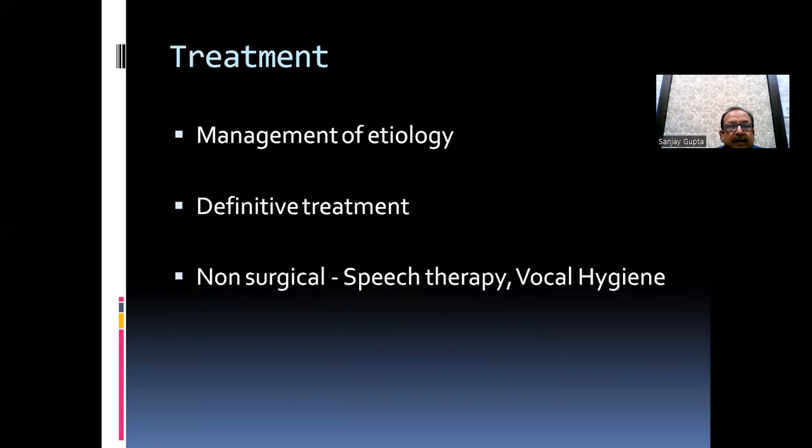Now, how do you treat the cases of vocal cord palsy? Once you have identified, you have to manage the etiology, identify the cause of paralysis, and do a definitive treatment for the cause of the paralysis.